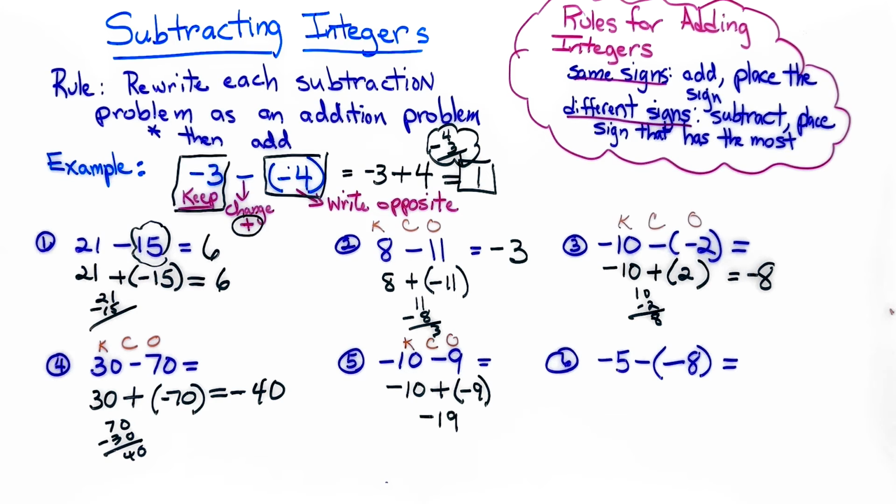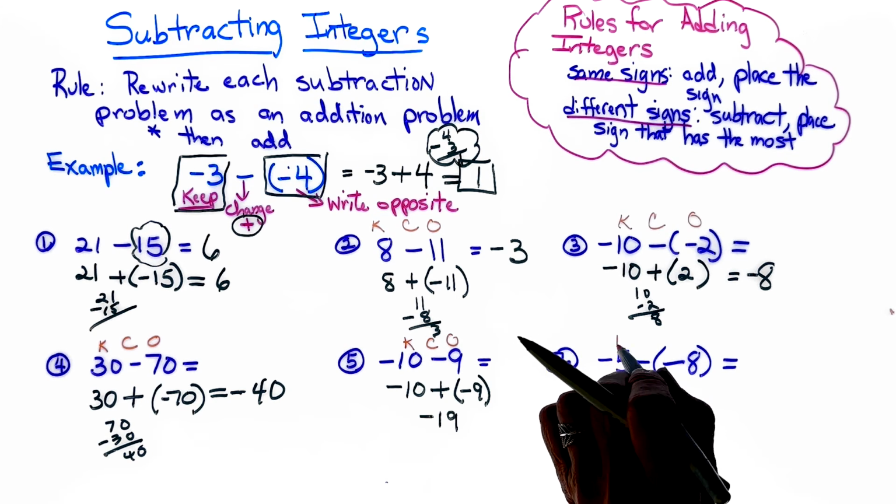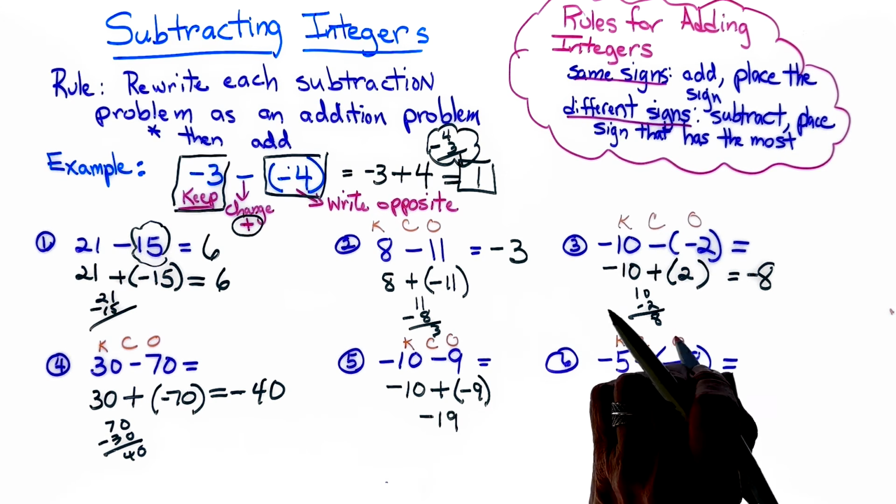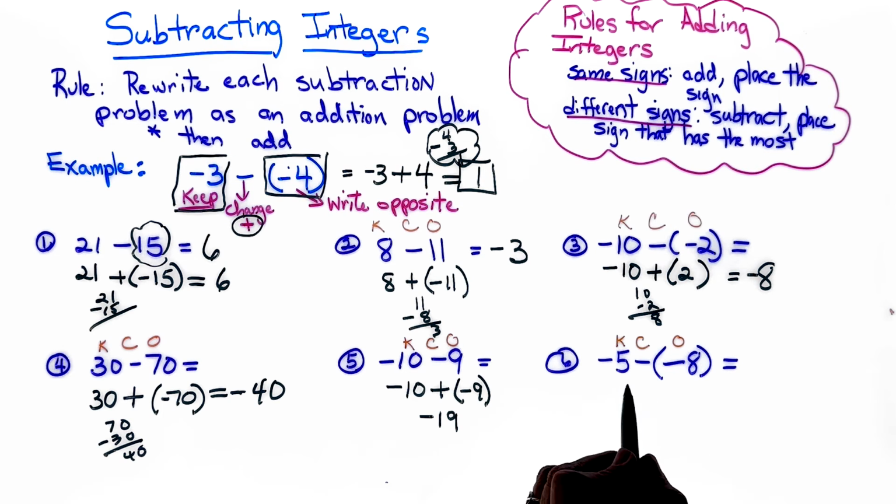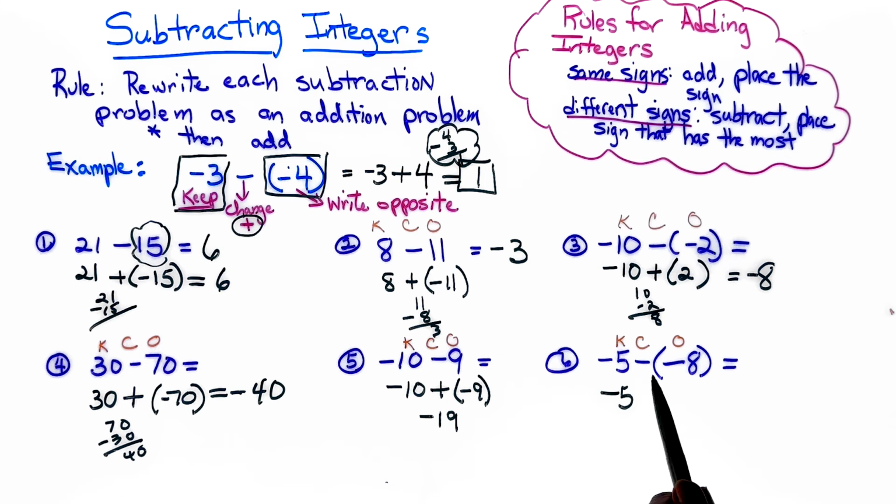And last but not least, here we have another one, keep, change, write the opposite. So I am keeping the negative 5. I am changing the subtraction sign to an addition sign, and I am going to write the opposite of negative 8, which we know is positive 8. When I'm looking at this problem now, I see I have a negative 5 plus 8.